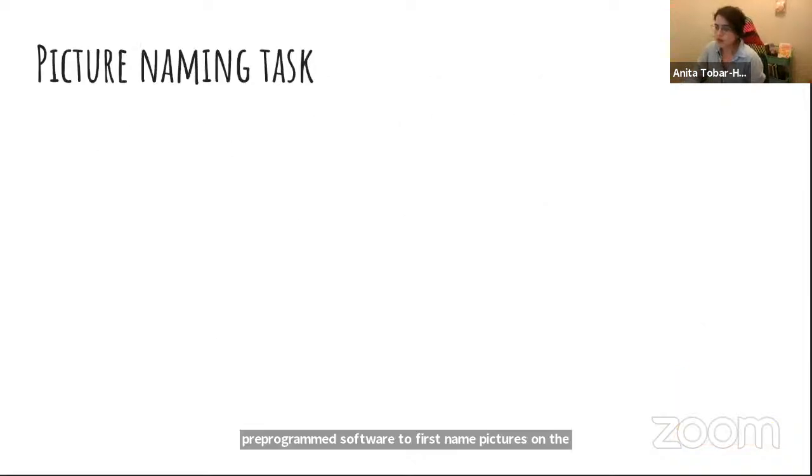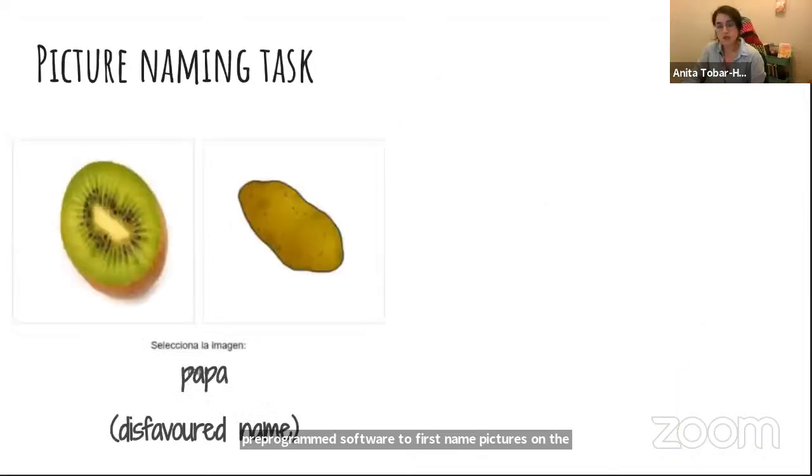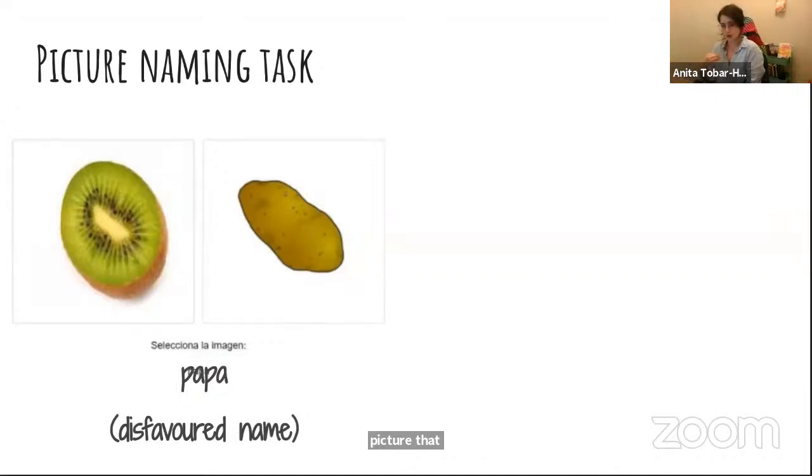In the task, they first encounter a matching trial. They were asked to select the picture that matched the word papa, in this case. That was a disfavored name in the participants' community, which means they experience their partner naming the critical target with a disfavored name.